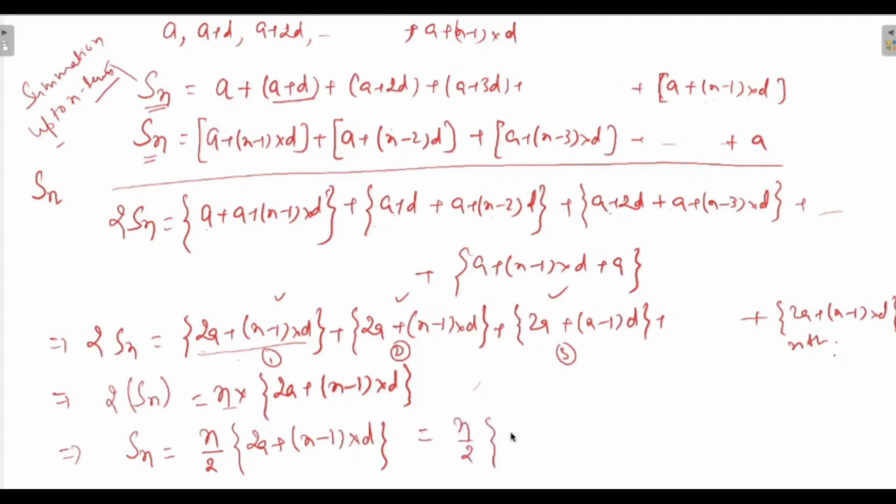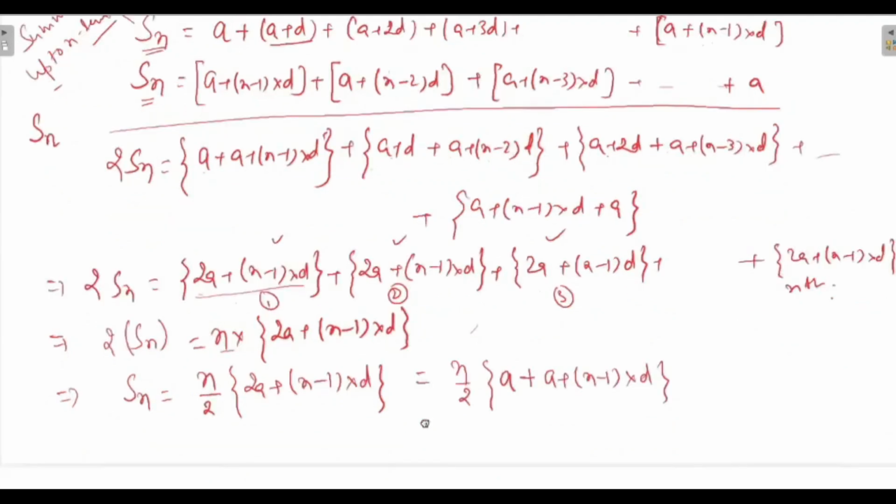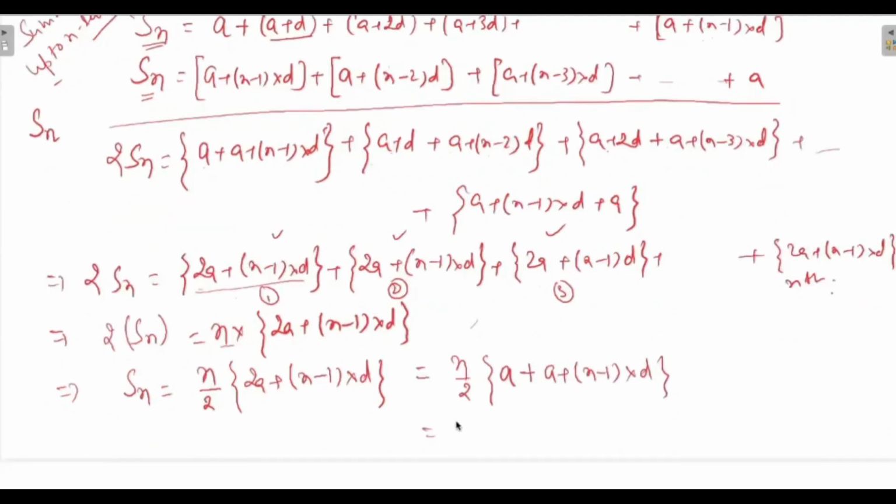And say I am splitting 2A into two parts, A plus A plus n minus 1 into D. Now as you can see here, this is n by 2, and this is basically A, and A plus n minus 1 into D is basically the last term. So A plus L you can write as well. So you can also write n by 2 into first term plus last term.